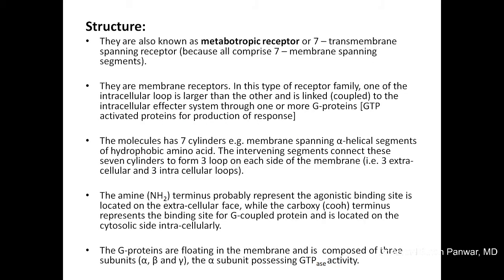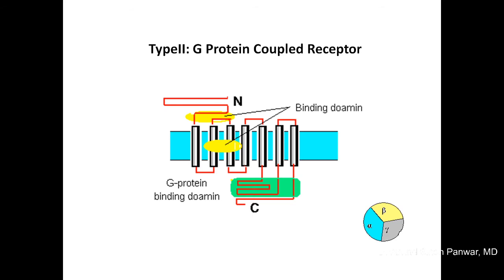The molecule has 7 cylinders, membrane spanning alpha helical segments of hydrophobic amino acids. The intervening segments connect these 7 cylinders to form 3 loops on each side of the membrane. So 3 extracellular and 3 intracellular loops.